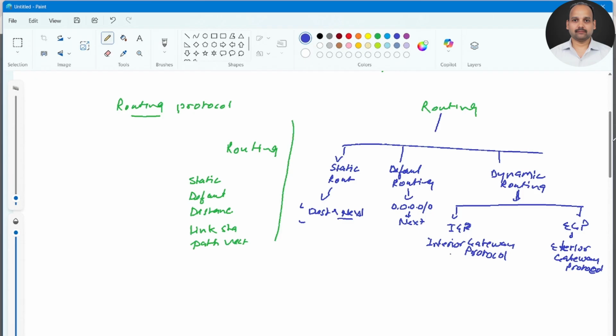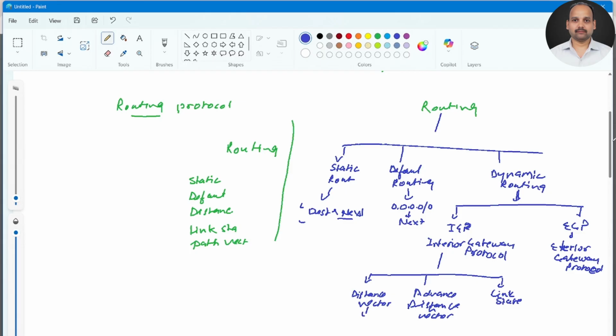In the IGP, there is distance vector, advanced distance vector, and the link state protocol.